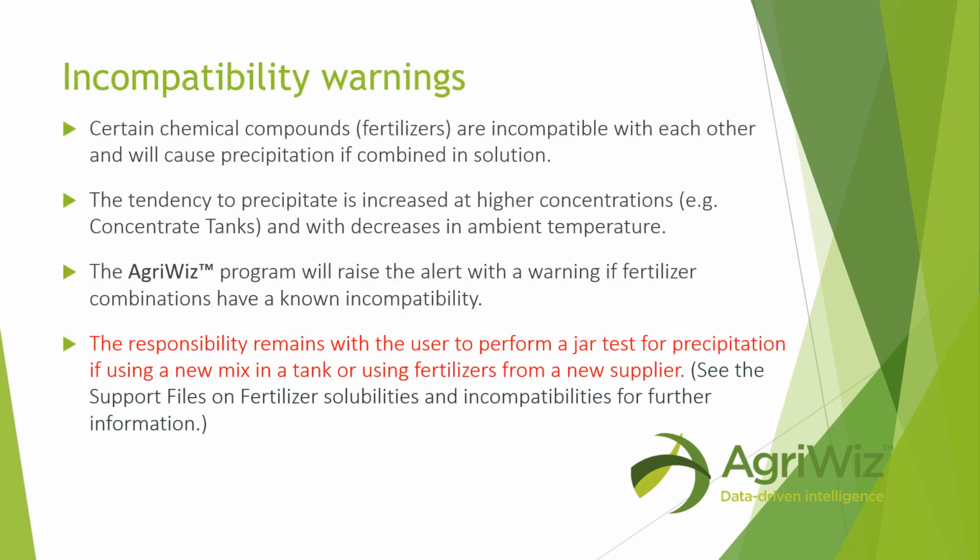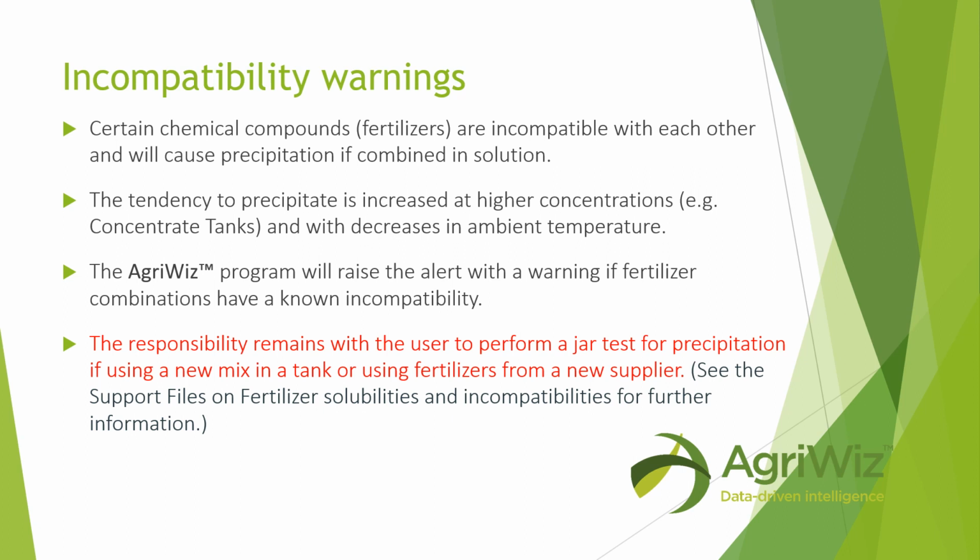Some important points to remember when creating tank mixes. Certain chemical compounds, fertilizers, are incompatible with each other and will cause precipitation if combined in solution. This tendency to precipitate is increased at higher concentrations, for example in concentrate tanks, and with decreases in ambient temperature.